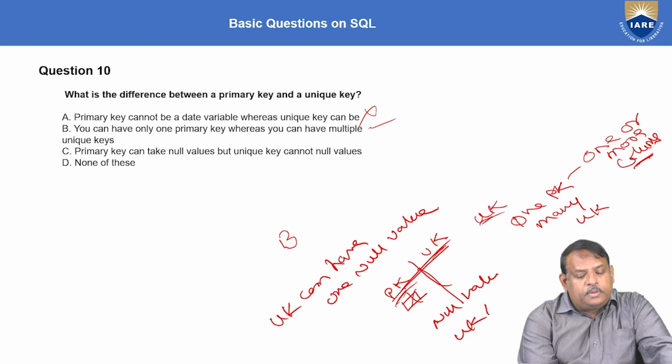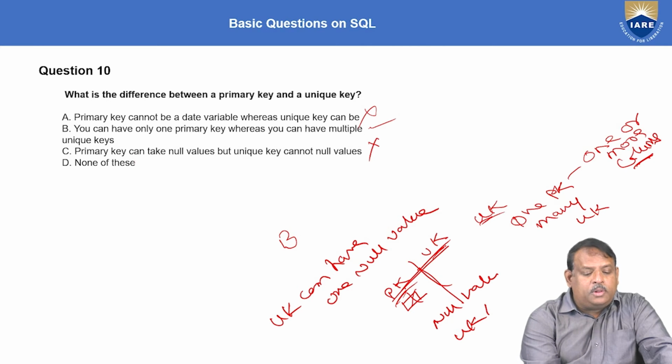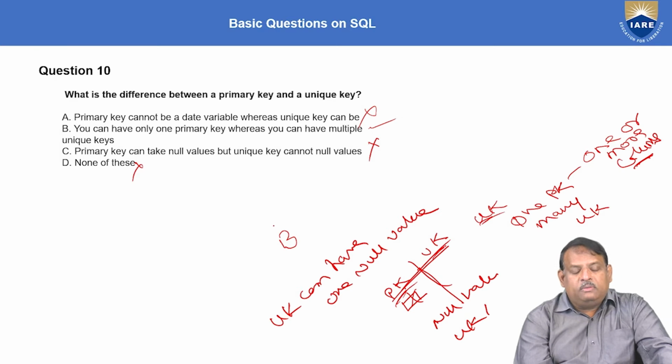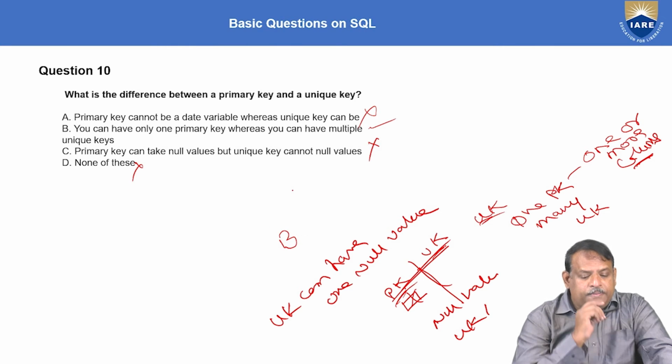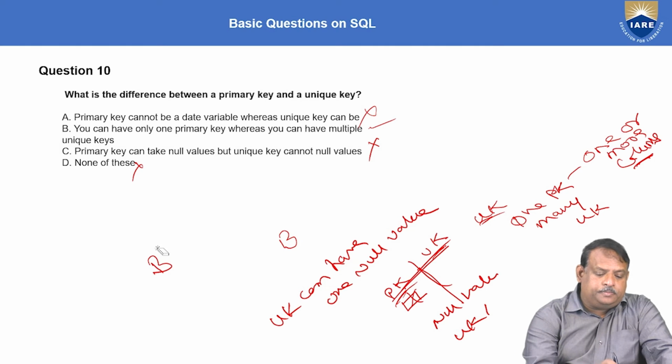So even option C is ruled out. None of the above is also ruled out. So we are left with one answer, that is B. So B is the right answer.